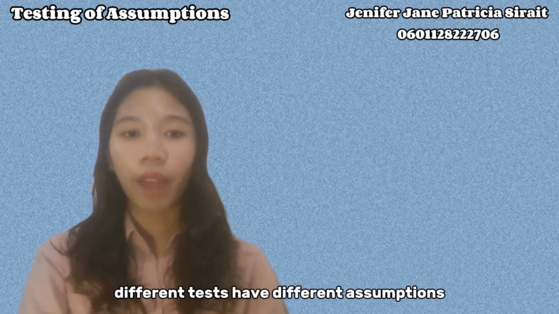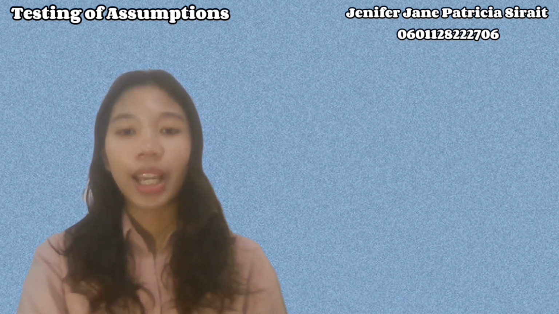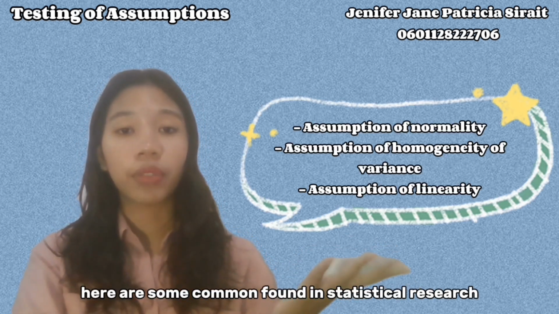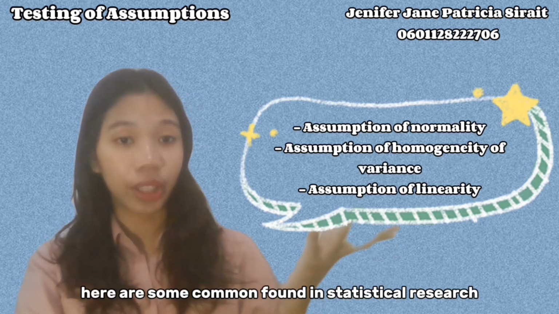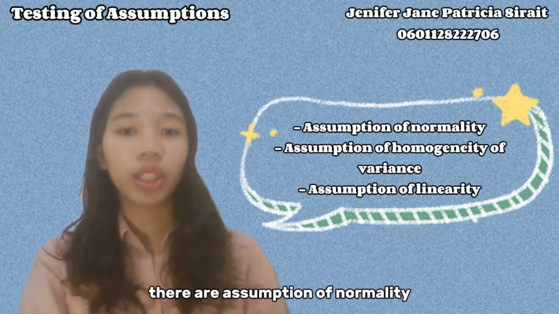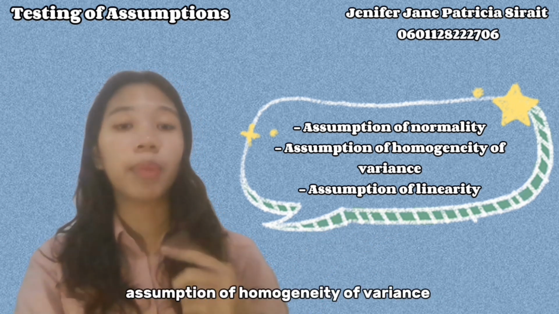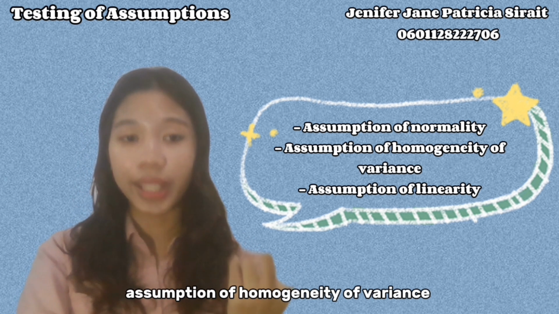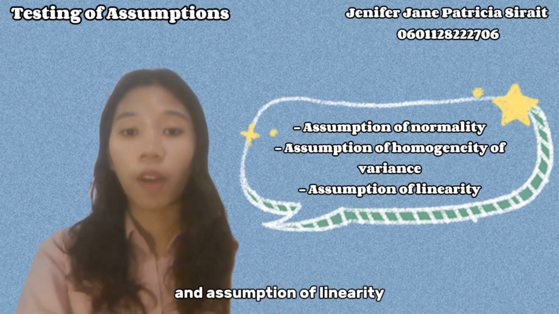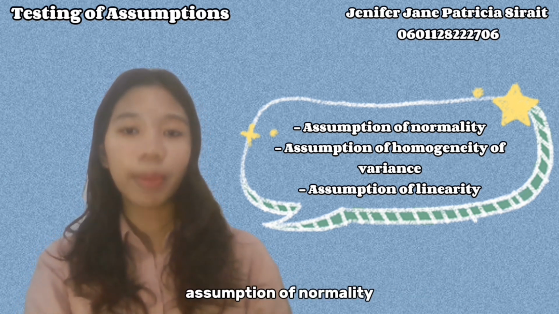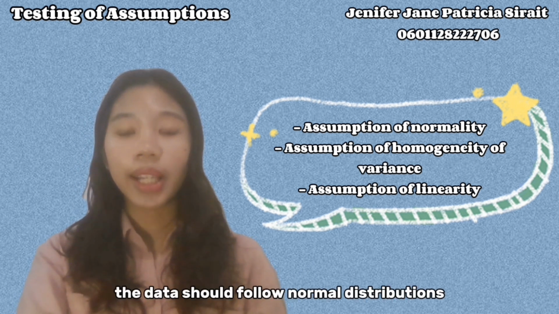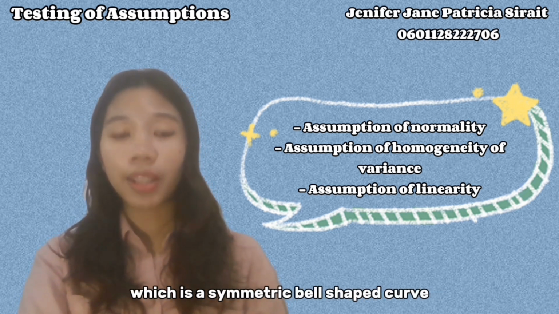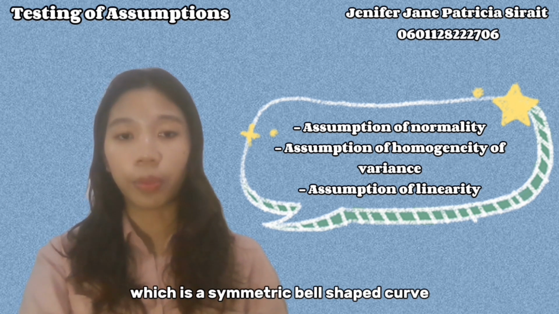Different tests have different assumptions. Here are some common ones found in statistical research. There are assumptions of normality, assumptions of homogeneity of variance, and assumptions of linearity. Assumptions of normality: the data should follow a normal distribution, which is a symmetric bell-shaped curve.